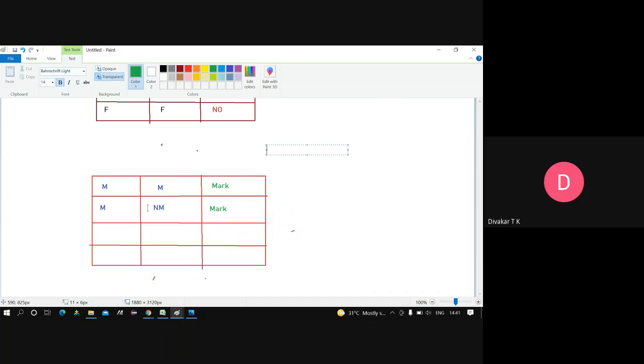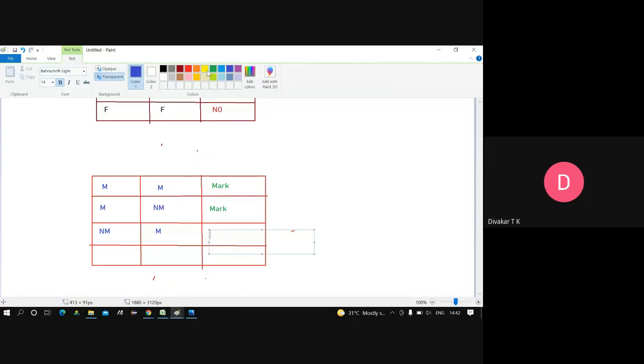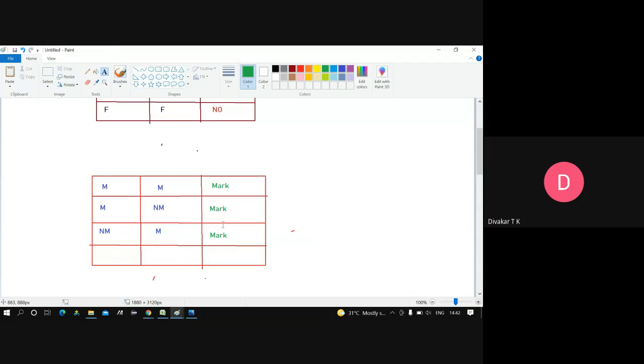Again, one is marking and the other no marking, then you mark it. Any one is marked, you have to mark it.